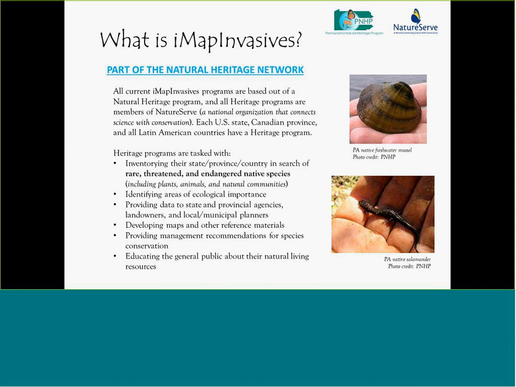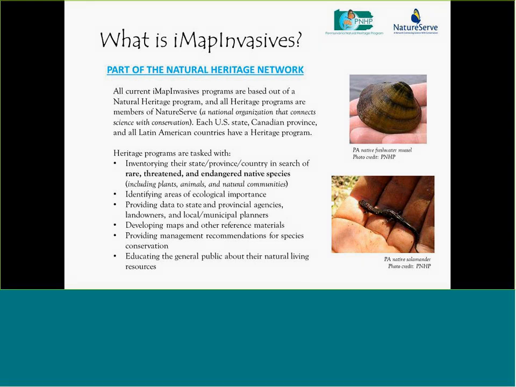So it's a very large and broad network, and iMapInvasives fits well into this because, of course, we are very focused on invasive species, and the Heritage programs are very focused on the native, rare, threatened, and endangered species. And because invasives are a severe threat to our native species, this is a good link so that these two programs can work together in that regard.